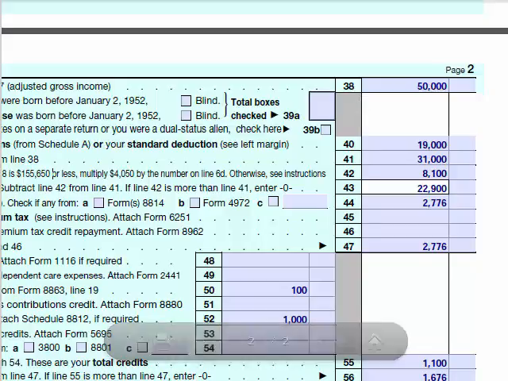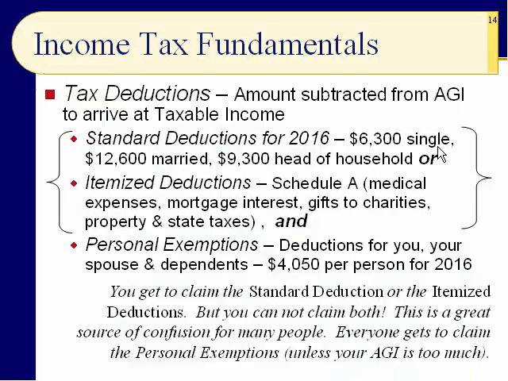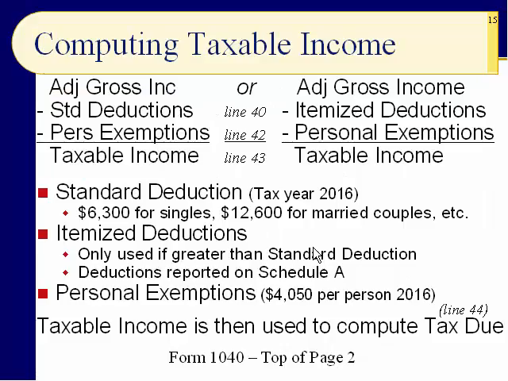Hopefully I won't ruin something. There we are. And so the next couple of slides are just showing you what we showed you on the 1040 form. We take the adjusted gross income and we reduce it by the standard deductions or the itemized deductions. And then we get to reduce it by the personal exemptions unless we made too much money. The next slide is trying to show you the same exact thing.